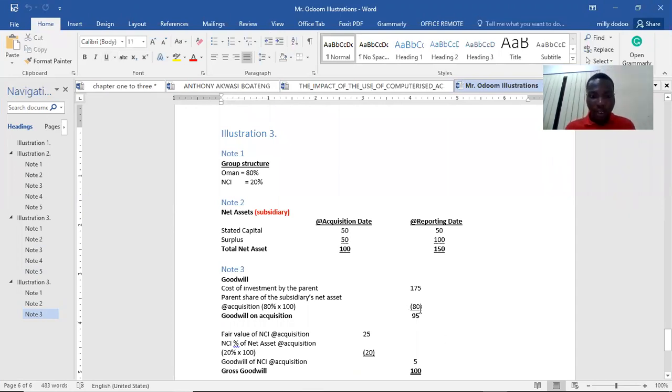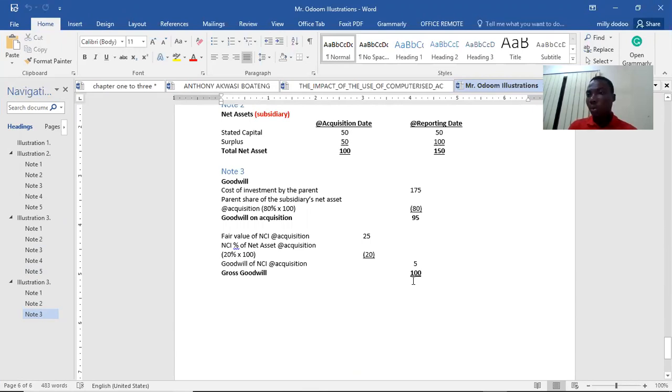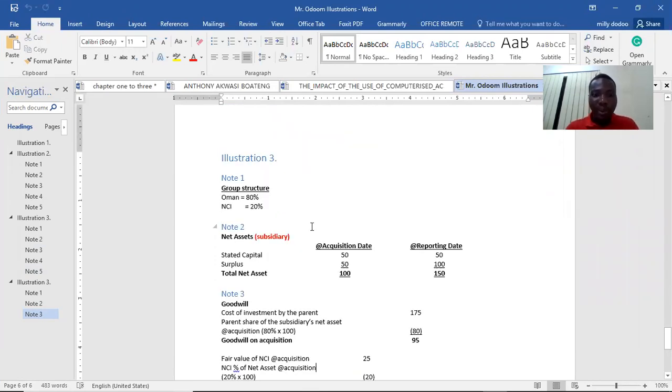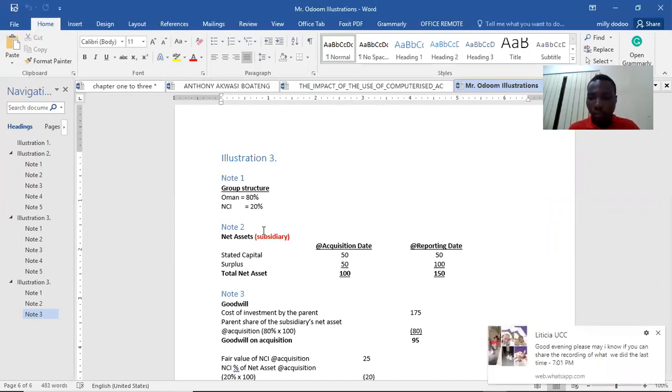That is it over here. Good. So with this particular illustration, we say that a man has purchased 80% of Muscat and NCI is 20%.